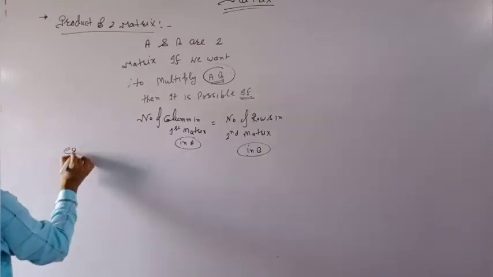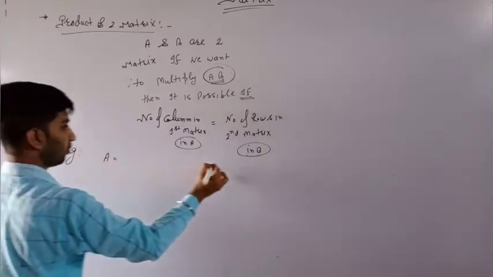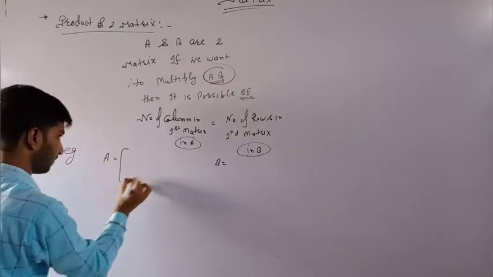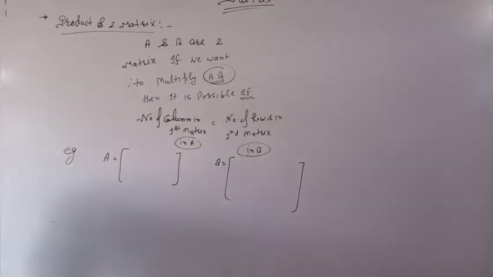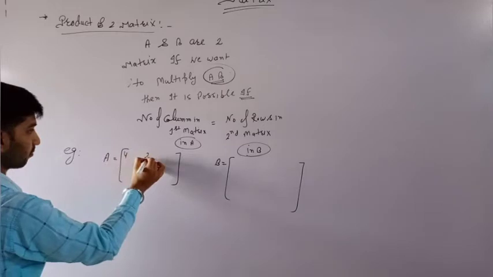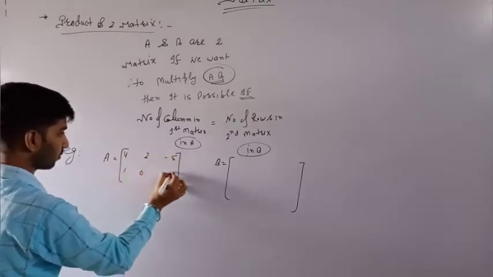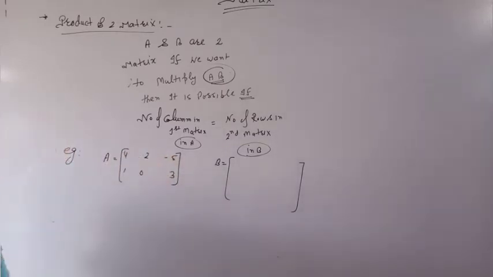For example, we have two matrices A and B. A is [4, 2, minus 5; 1, 0, 3].